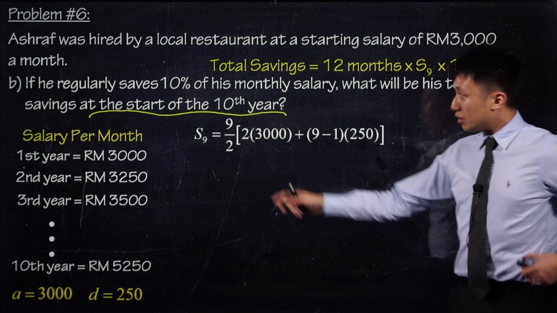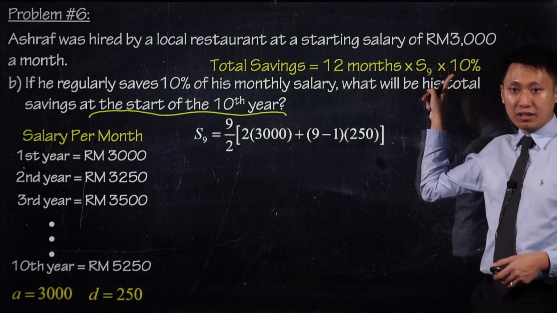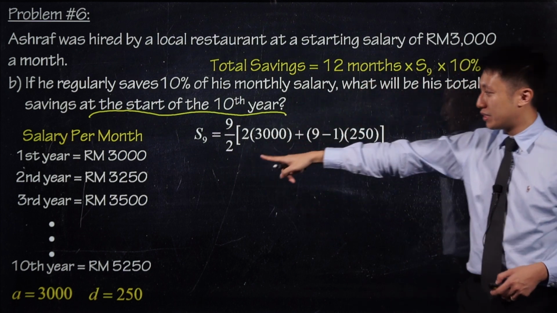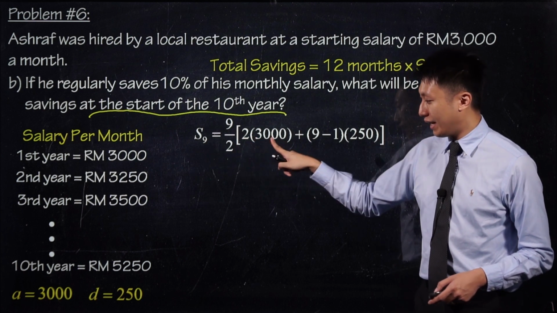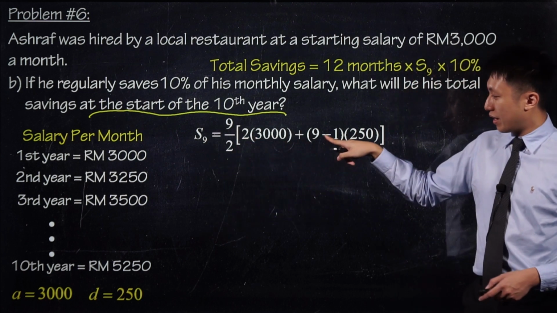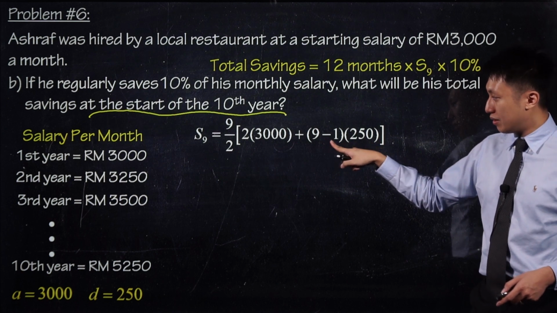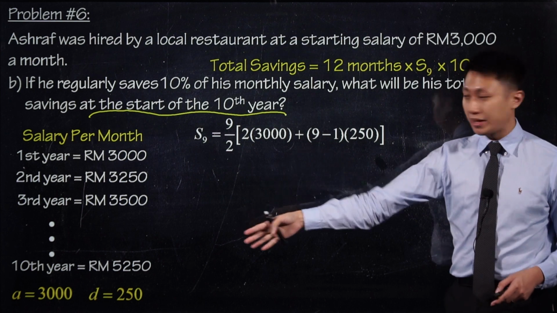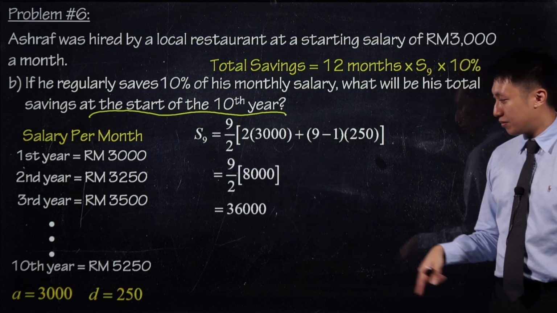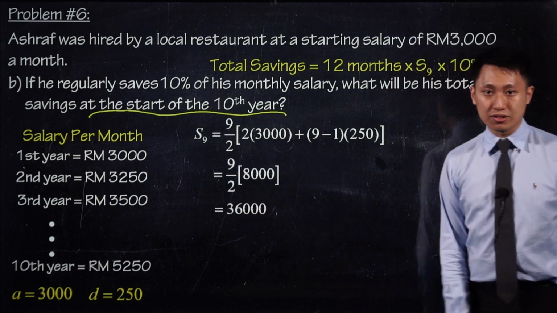Because we need to calculate this, the only thing we do not know is S9. S9 is 9 over 2 times 2A plus n minus 1 times D. Just refer to that one, and we will have a value like this, 36,000.